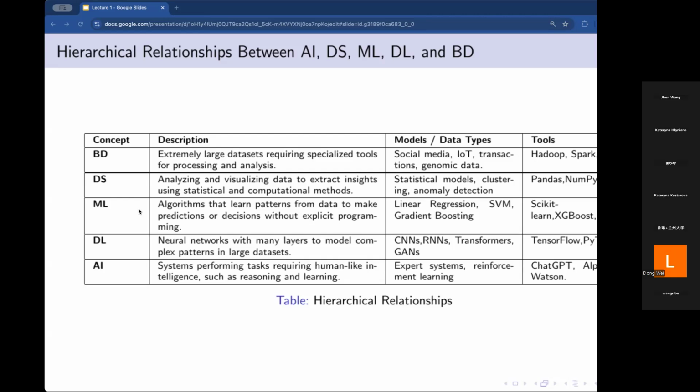Deep learning further enhances this with sophisticated neural networks, contributing to artificial intelligence, which aims to replicate human-like intelligence. And understanding how each fits within this and what distinct role each plays is essential for grasping how they contribute to advancing technology.